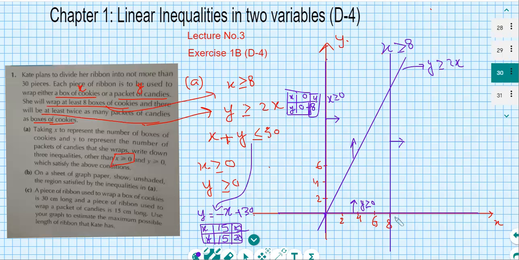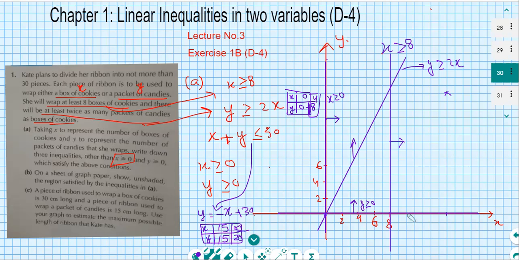So where's 15? 8, 9, 10, 11, 12, 13, 14, and 15. 15 is here. From it, 6, 7, 8, 9, 10, 11, 12, 13, 14, 15. This point. Another point is 10, 20.